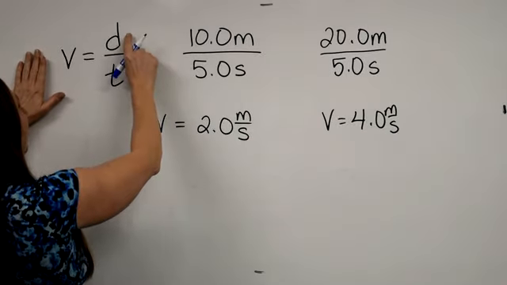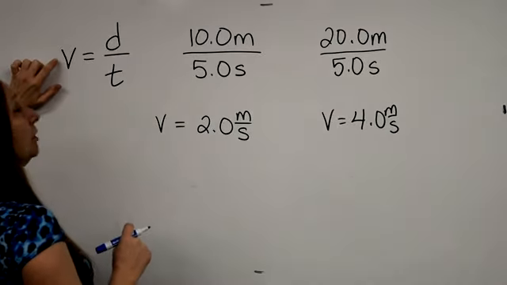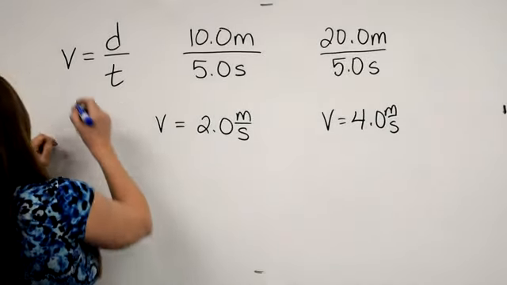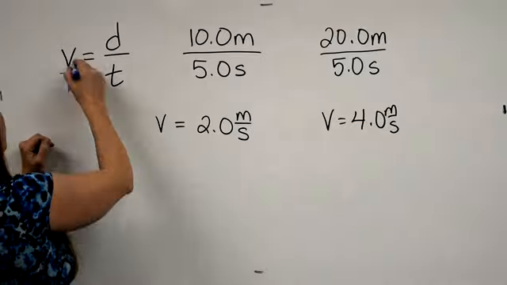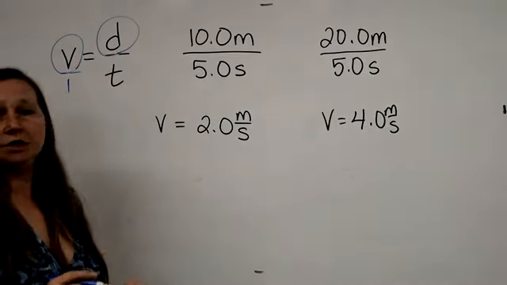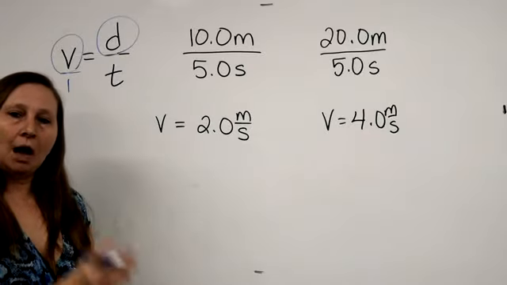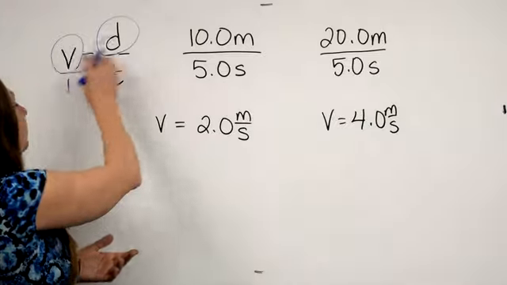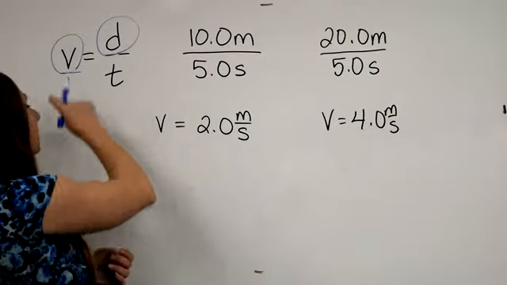The independent variable is on the right side, the one we want to see what the effect is. The dependent variable is on the left side. They're both in the numerator. This is over 1, so the speed is in the numerator, and the distance is in the numerator. They're on opposite sides of the equal sign. They're both in the numerator. So we have a direct relationship here between distance and speed.